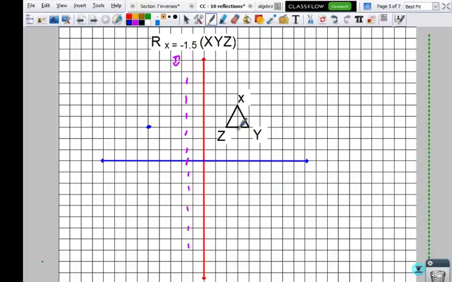Z, 1, 2, 3, 4, 5.5. 1, 2, 3, 4, 5.5. 1, 2, 3, 4.5. 1, 2, 3, 4.5. The half is kind of annoying, but it's not that big a deal. And we've got to label it X prime, Z prime, Y prime. So prime triangle.